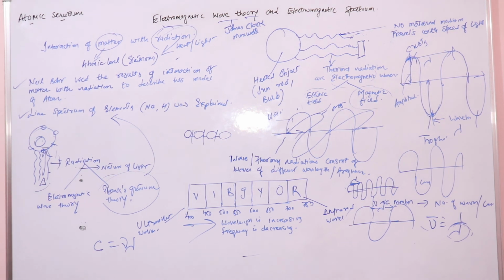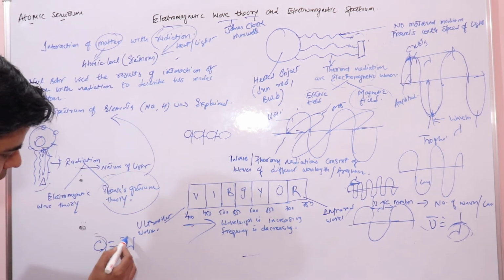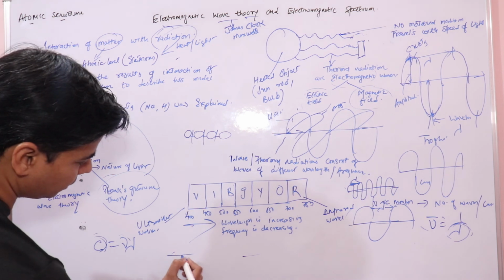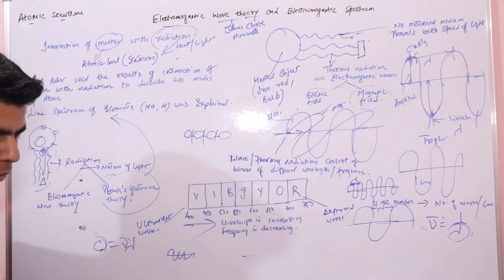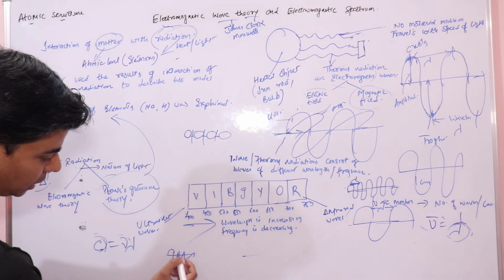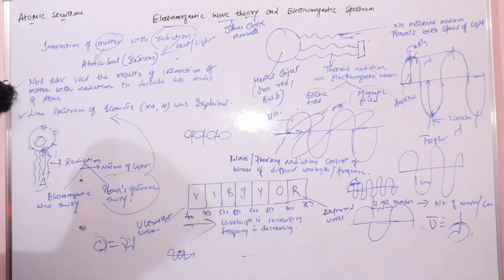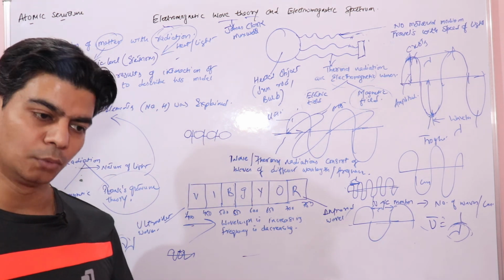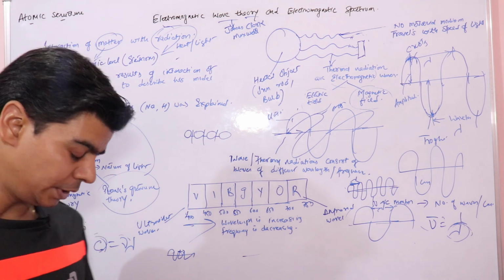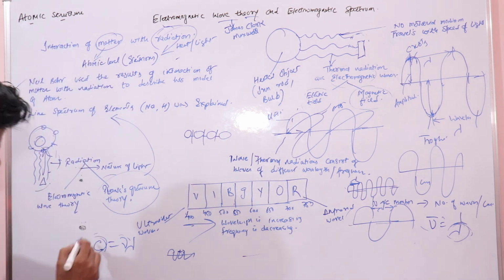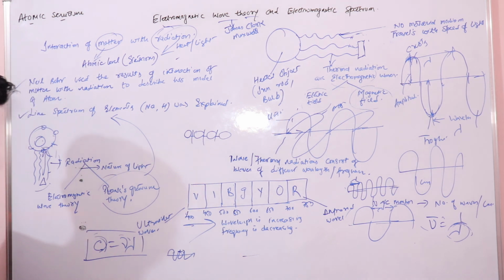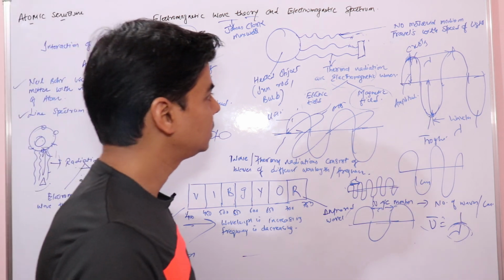So c here denotes the velocity of waves, which is the product of frequency and wavelength. Frequency is the number of waves passing through a given point; the more waves passing through a given point, the higher the frequency. So this is the relation. You may get some numericals on this relation between frequency, wavelength and the velocity of light, right? So I hope all this is clear to you, right?